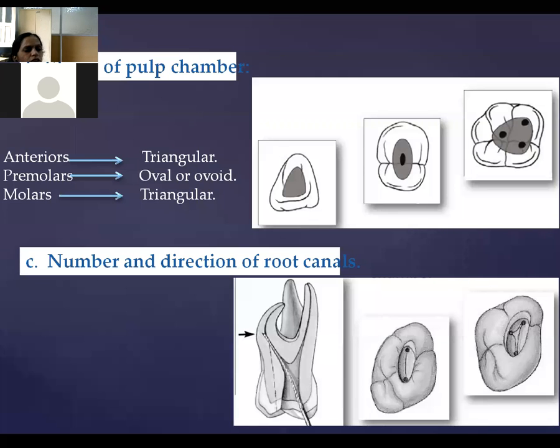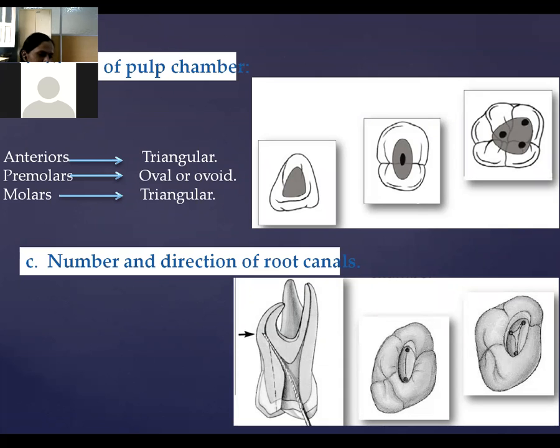If you don't know how the pulp chamber is, how many roots are there, how many root canals are there, all of you know for the mandibular first molar, basically one root is there, but canals are two. So you should know this type of variation.